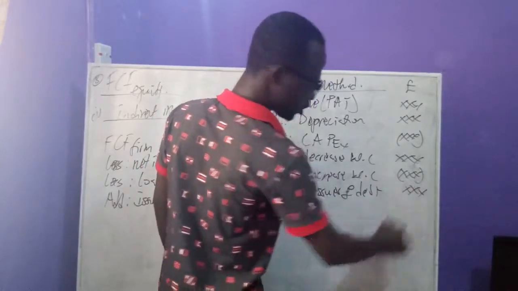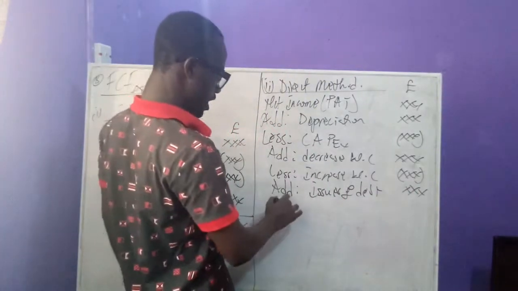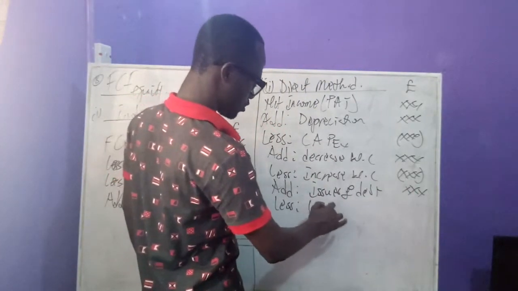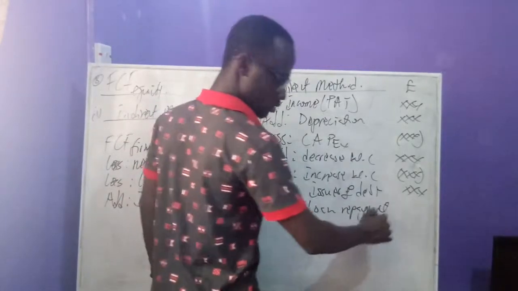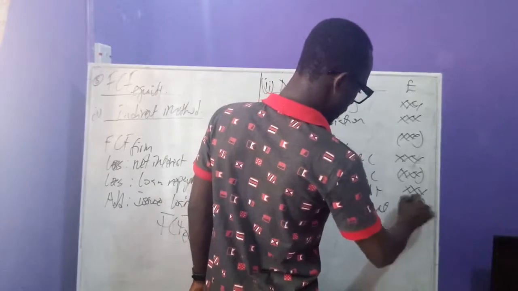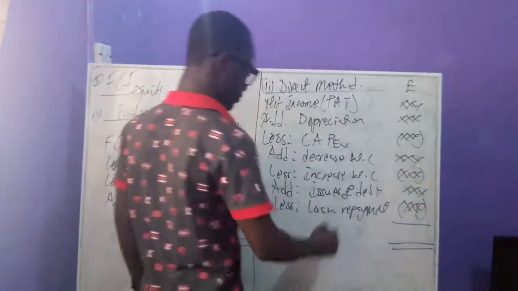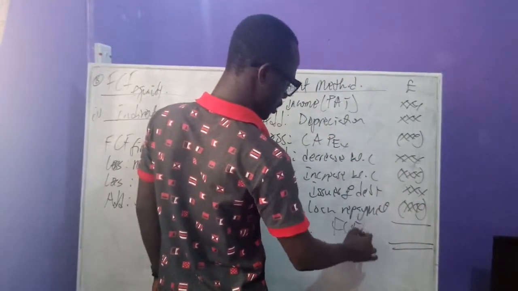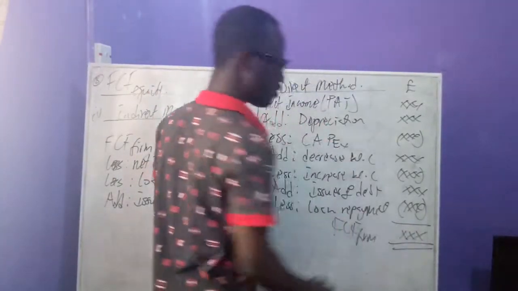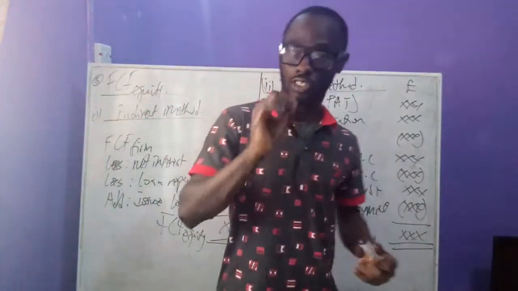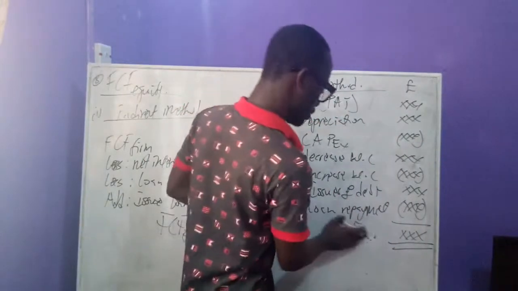We add it because money is coming in. Then we less any loan repayments. When we sum it up, that is how we go about it. Sorry, free cash flow to equity, not to the firm.